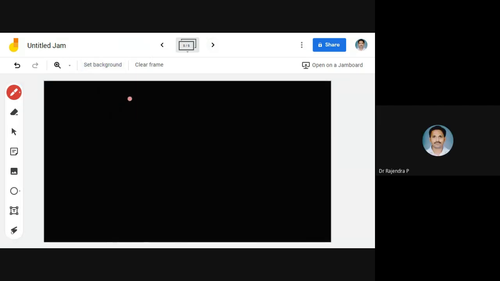So 1 by lambda square into again E by L. What is the lambda square value? 1 by LC, right? So 1 by lambda square means reciprocal, so I will write LC into E by L. Yes or no?